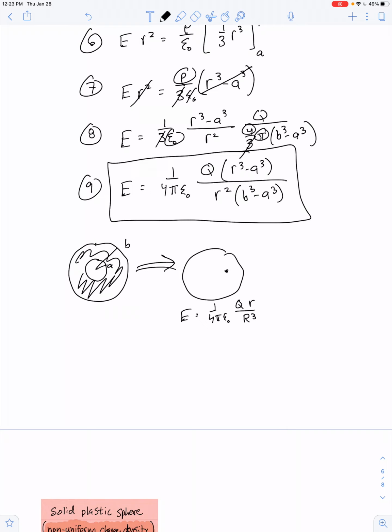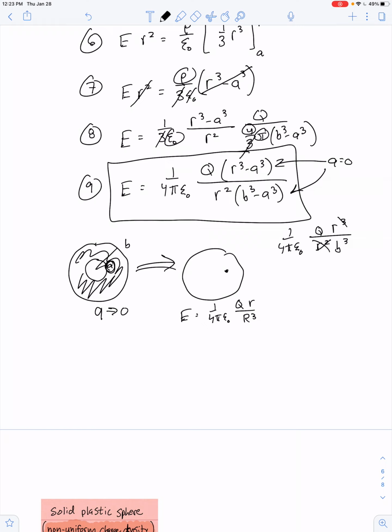Well, I guess if we imagine shrinking A until it goes to 0, that's a way of turning the hollow sphere into a solid one. And if we were to plug A equals 0 into this expression, we're going to get 1 over 4 pi epsilon naught Q times r cubed over r squared times b cubed.